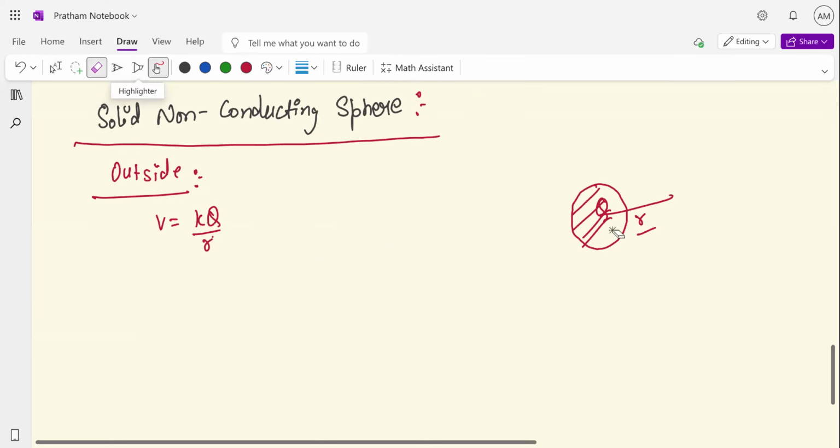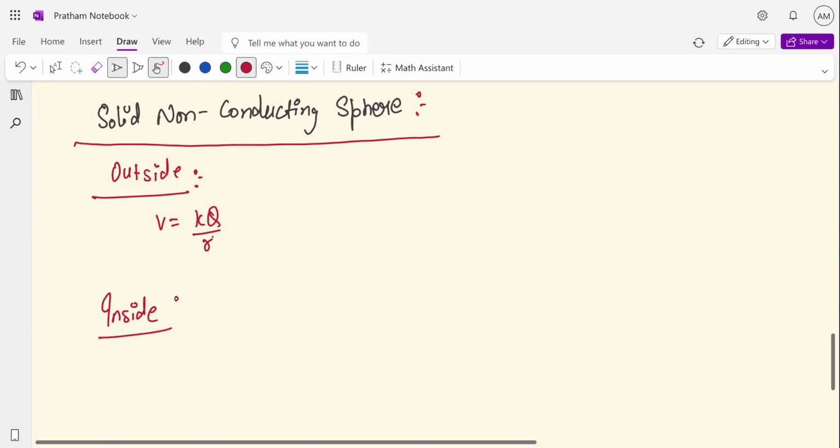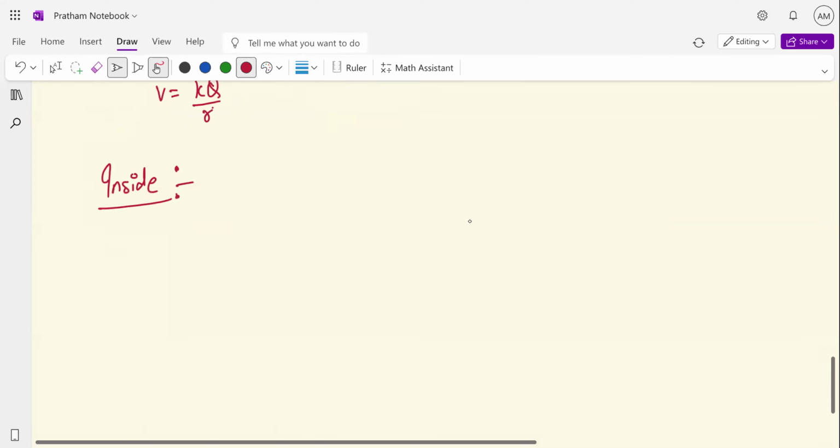The main task comes up when I'm calculating inside. If I'm inside, what should the potential be? Now I know V equals minus integral of E dot dr, right? Do I know the value of the electric field inside?